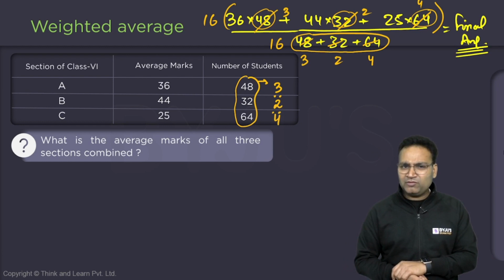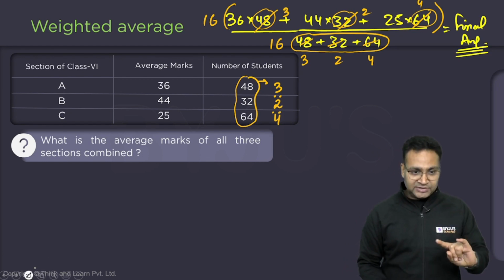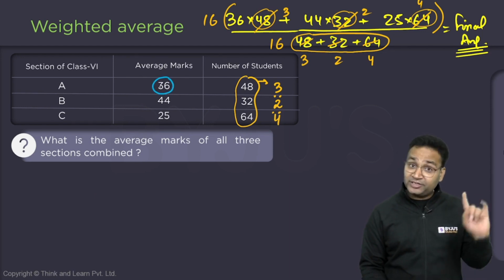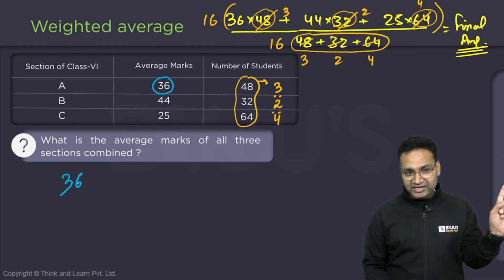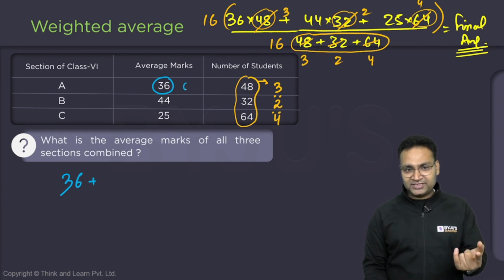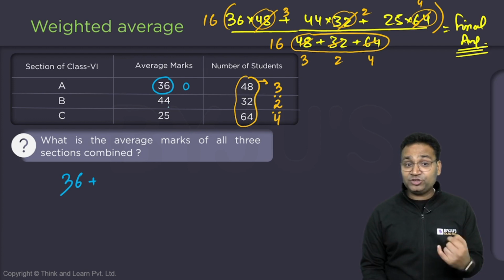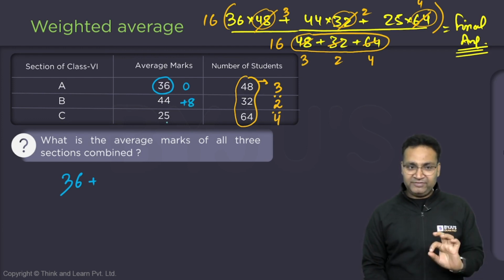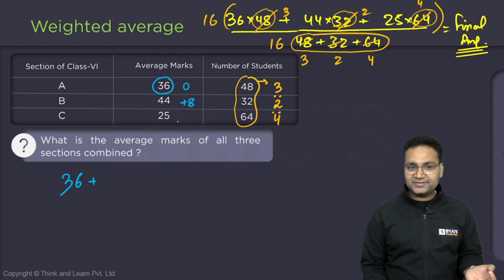But if you still want to reduce your effort, what is another approach? Let's assume, I'm changing the color, let's assume the final average is 36. You remember the deviation method. Final average is 36. What is the deviation of 36 from 36? 0. What is the deviation of 44 from 36? Plus 8. Deviation of 25 from 36?